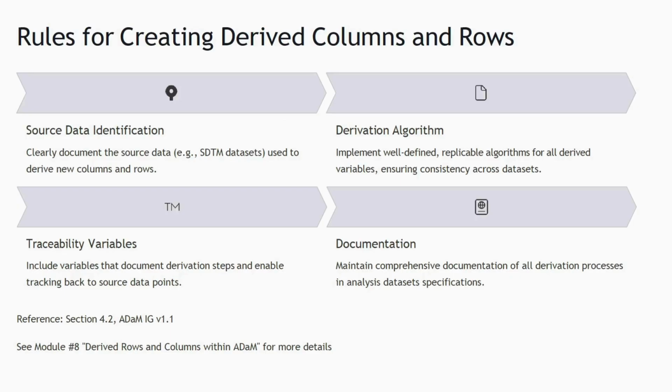For derivation algorithms, implement well-defined, replicable algorithms for all derived variables, ensuring consistency across the data structures. For traceability variables, include variables that document derivation steps and enable tracking back to the source data points. And for documentation, maintain comprehensive documentation for all derivation processes and analysis dataset specifications.